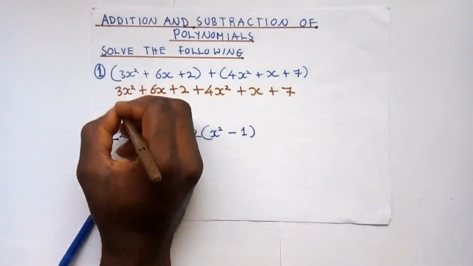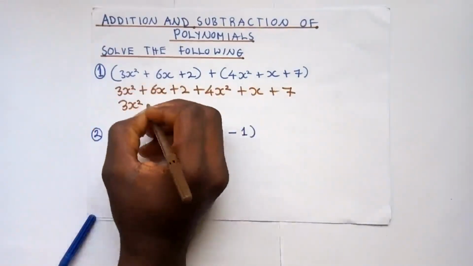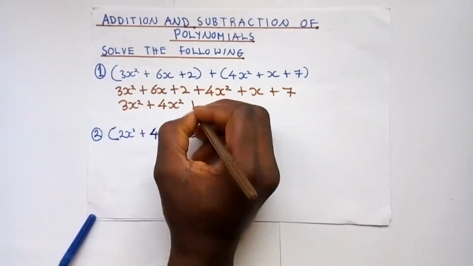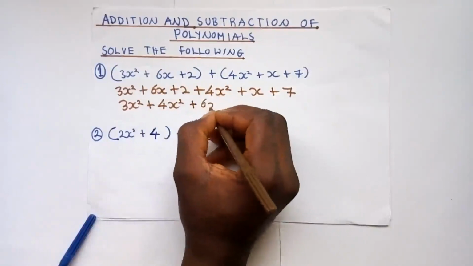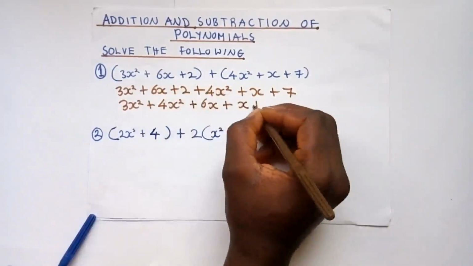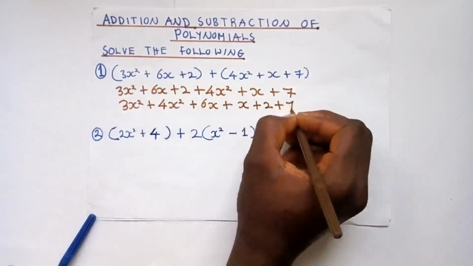So take like terms: 3s squared plus 4s squared plus 6s plus s plus 2 plus 7.